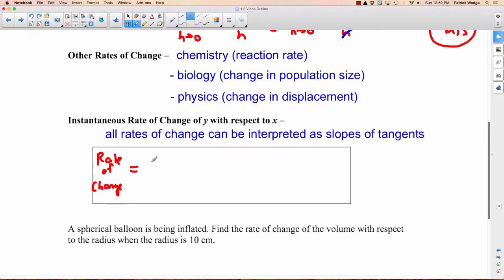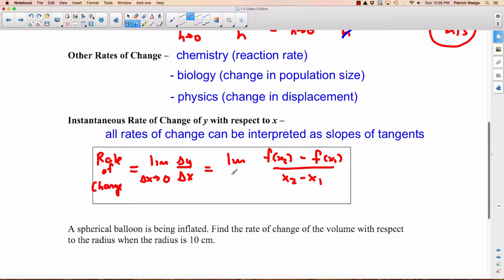So for any rate of change, what we want to do is look for the limit of change in y divided by change in x as change in x approaches 0. That's what makes it instantaneous, by getting as close to 0 as possible, which means it's the limit of f of x2 take away f of x1, all divided by x2 minus x1 as x2 approaches x1, because as x2 approaches x1, the change in x is getting closer and closer to 0.